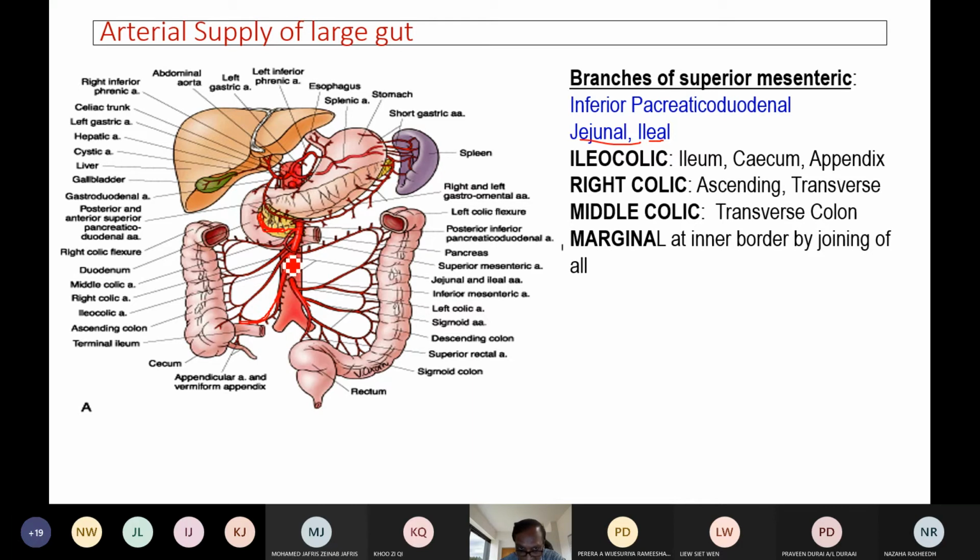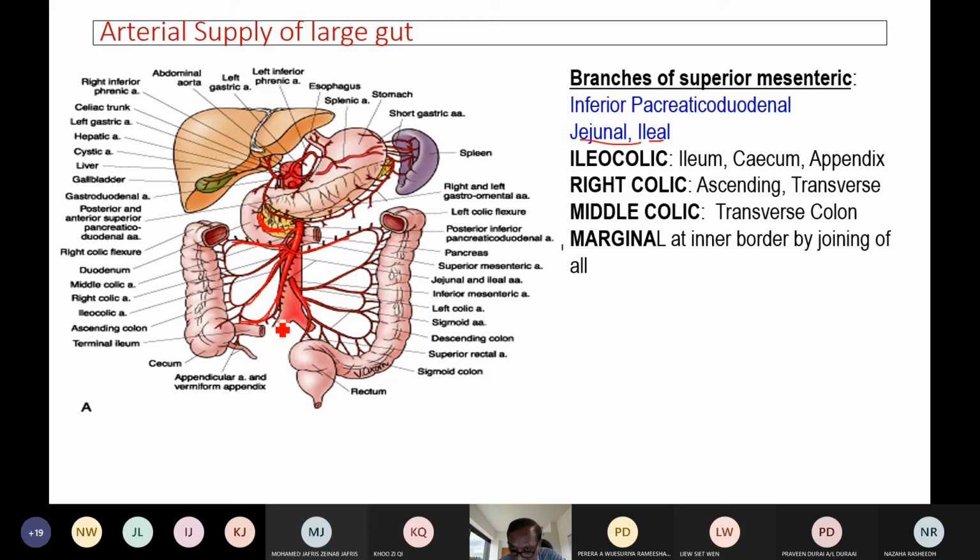Then after ileocolic, this is the right colic artery, and this one, which is supplying over here, is the middle colic artery. So the middle colic artery is actually supplying the whole of the transverse colon. So the main branches of the superior mesenteric are inferior pancreaticoduodenal, jejunal and ileal, ileocolic, right colic, middle colic.